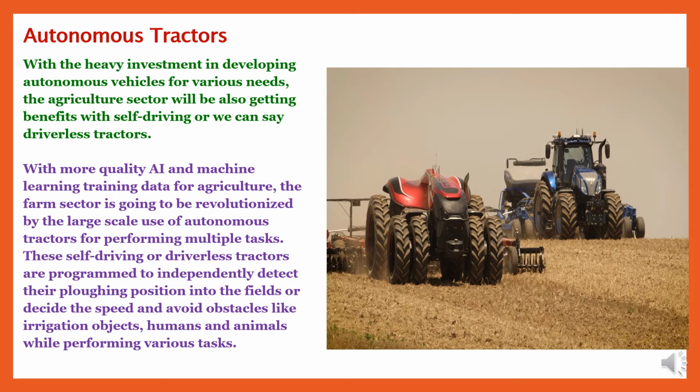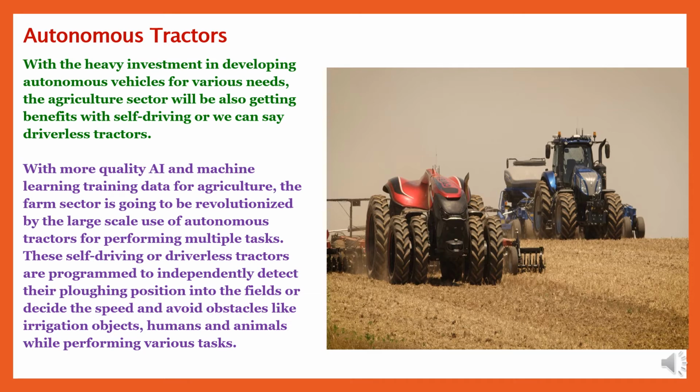Use of autonomous tractors in agriculture. With the heavy investment in developing autonomous vehicles for various needs, the agriculture sector will also get benefits with self-driving, or we can say driverless, tractors. With more quality artificial intelligence and machine learning training data for agriculture, the farm sector is going to be revolutionized by the large-scale use of autonomous tractors for performing multiple tasks.